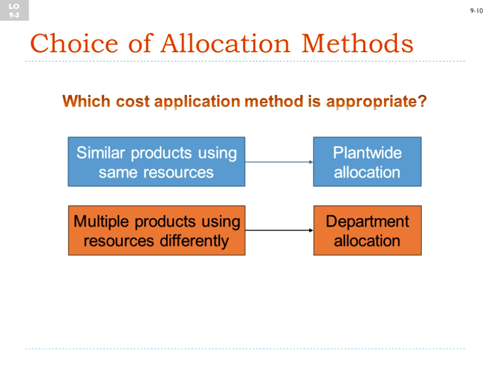So depending on what kind of company you have, what kind of industry you're in, a plant-wide allocation method might be better or more efficient than a department allocation method, or vice versa. So it really depends on what type of industry you're in. That'll determine which cost allocation method is appropriate.